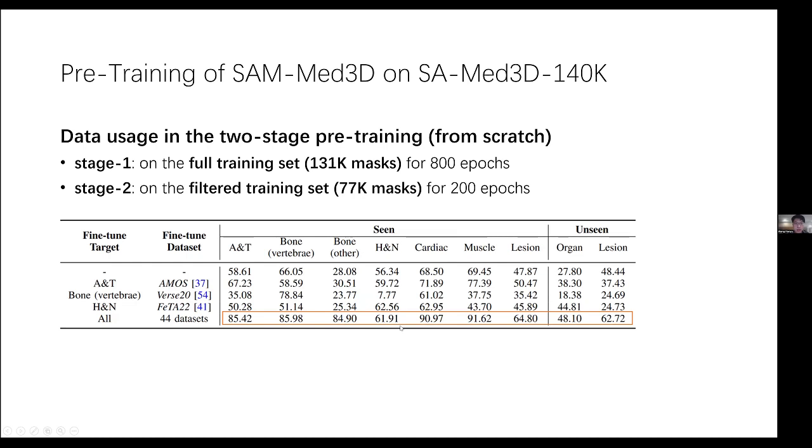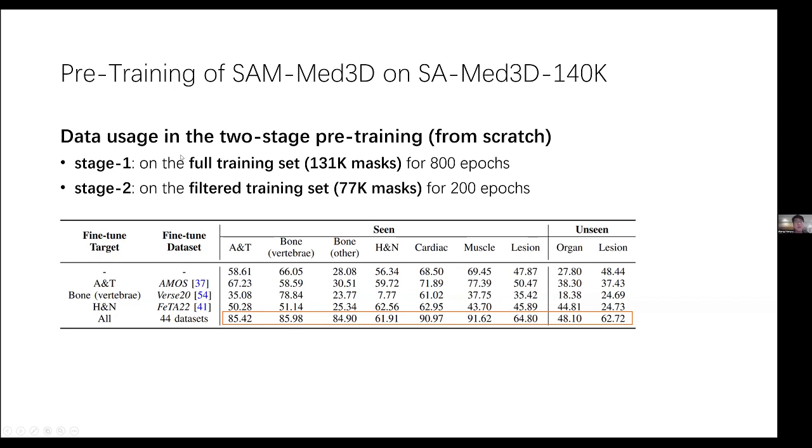As for the details of the training process of SAM-Med3D, different from many previous works that adapt SAM to 3D biomedical images by training based on the pre-trained weight from SAM, we directly train from scratch on our large-scale dataset. The data usage details can be seen in the slides. We use a two-stage pre-training process.